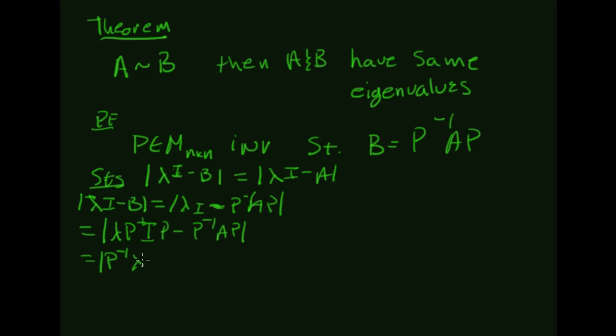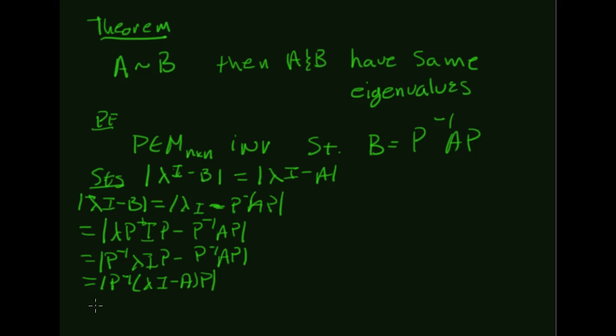So I can go P inverse lambda I P minus P inverse AP, which now becomes, if I pull the P inverse from the left, lambda I minus A, and the P from the right of both terms, so kind of reverse distribution, factoring them out.